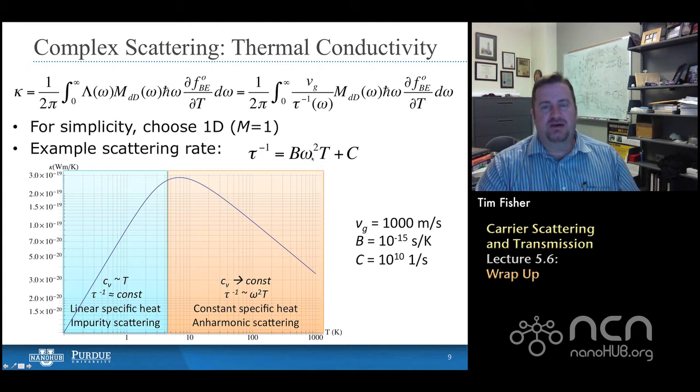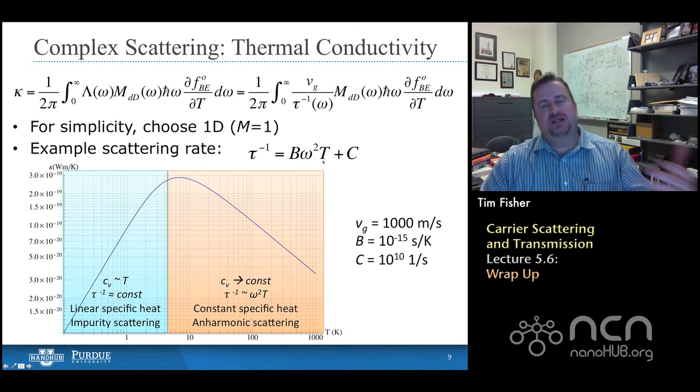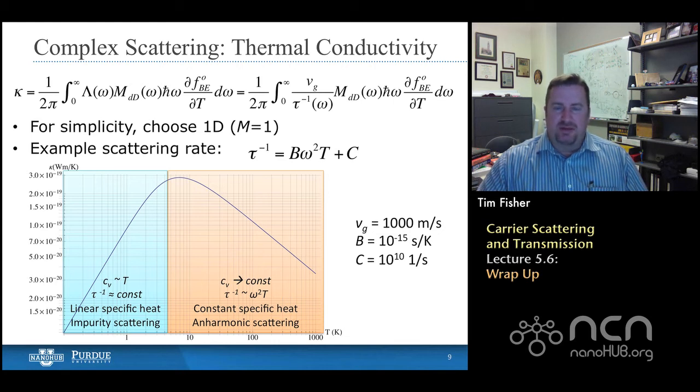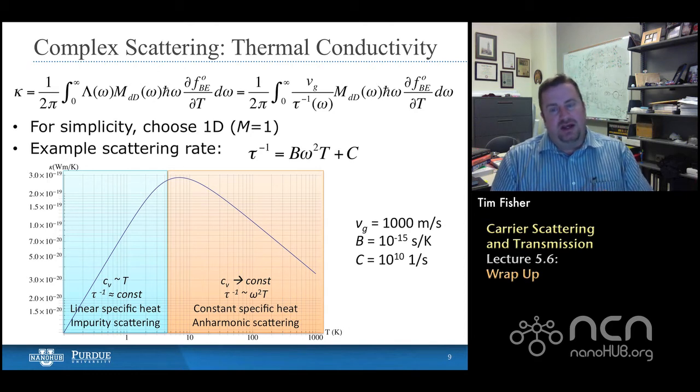The first term is B omega squared T. That would be representative of a power law type of scattering that might be a decent model for Umklapp scattering. And then C is a constant scattering rate. Again, we're summing these scattering rates of different types. That's Matthiessen's rule. C would be like an imperfection, a defect scattering rate. And the first term, omega squared T times B, would be like a U process.